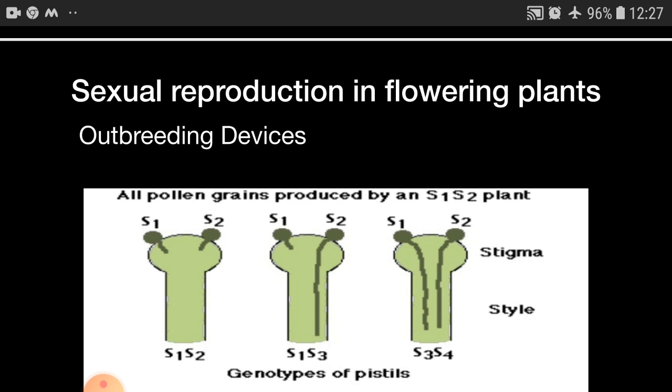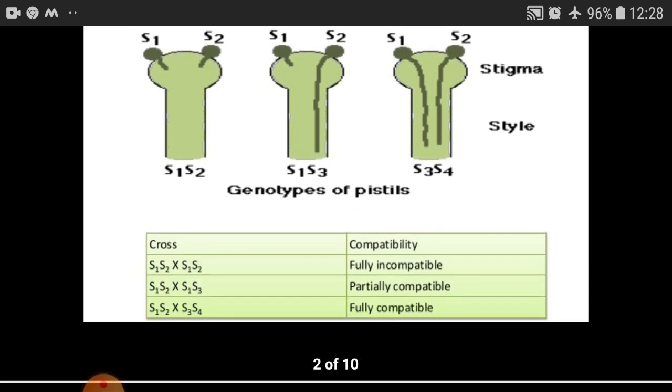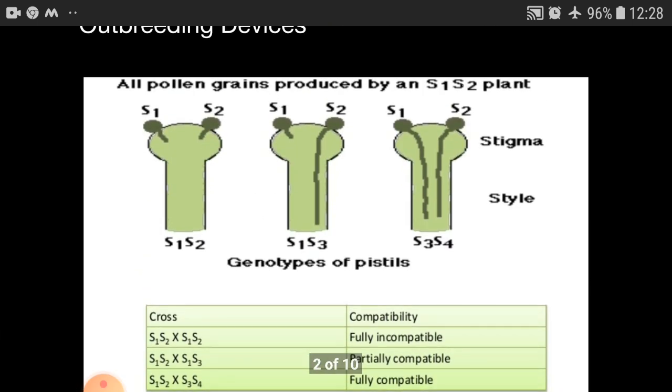This chemical control of an individual plant is also known as self-incompatibility. This is achieved by interaction of chemical substances produced by the male gametophyte and the tissue of the style, like you can see in this diagram, which I have displayed here on the screen.